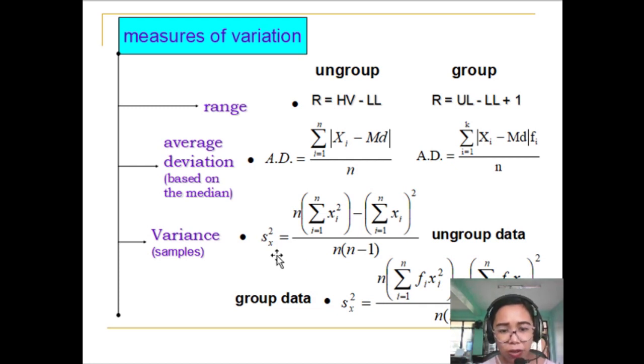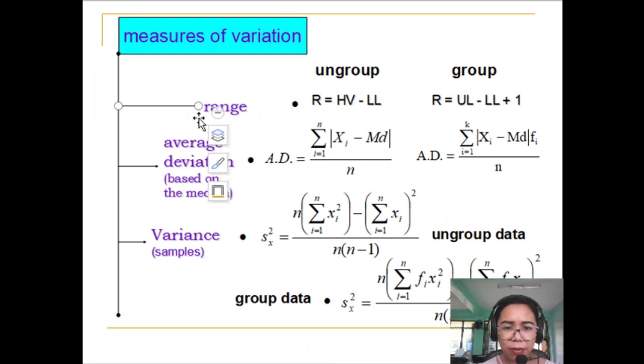Simply because during the computation of the variance, we square the units. If the unit is meter, when you calculate the variance, the unit meter becomes meter squared. So to have a better interpretation, we get the square root of the variance, which is the standard deviation, to go back to the original unit.